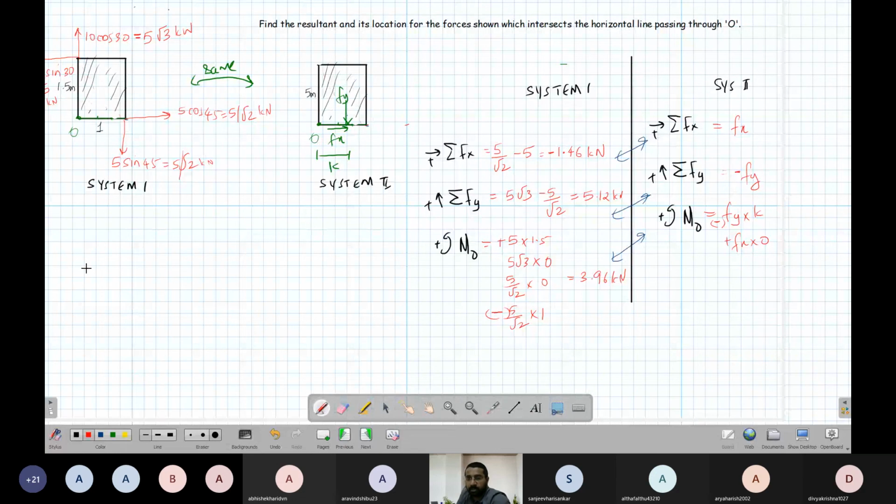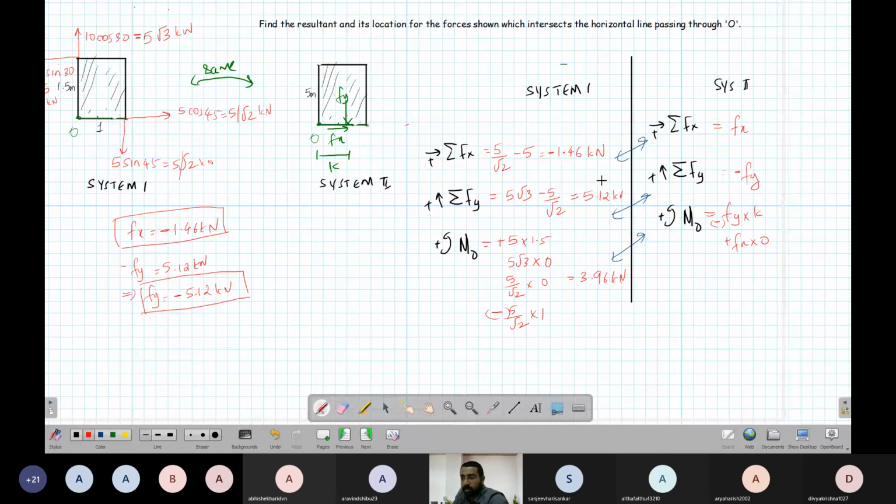So we can equate: Fx equals minus 1.46 kilonewton. This is one we got. Then minus Fy equals 5.12 kilonewton, so Fy equals minus 5.12 kilonewton. The minus means the assumed direction is opposite.